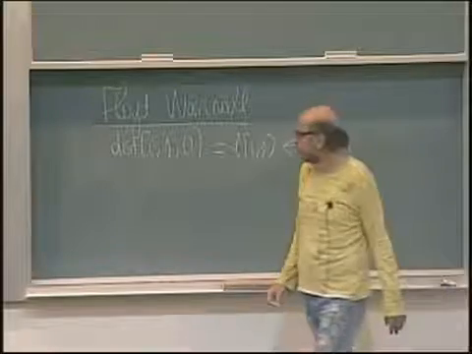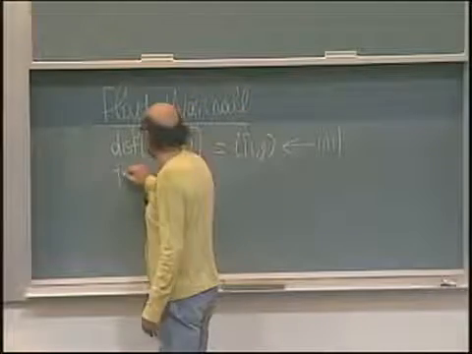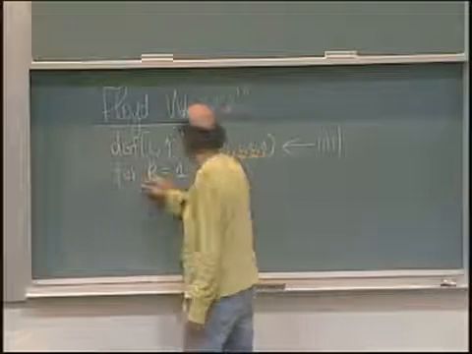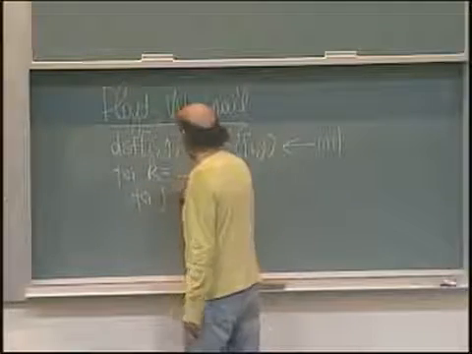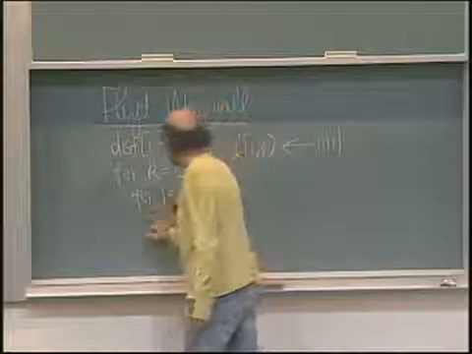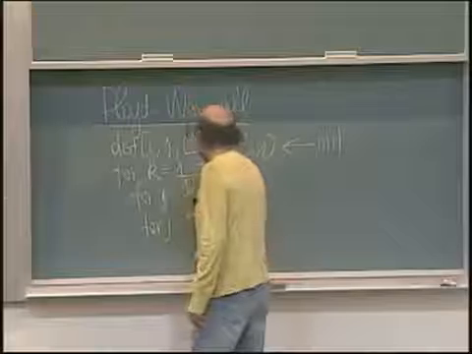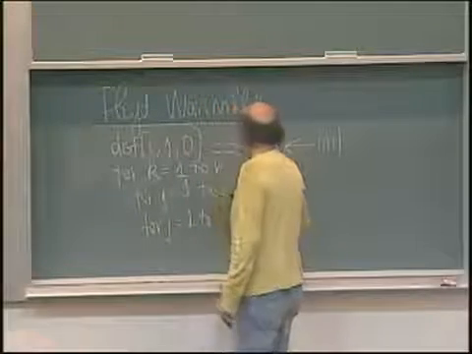And then what do you do? You do the following. For k equals 1 to n, for i equals 1 to n, for j equals 1 to n, you do the following.